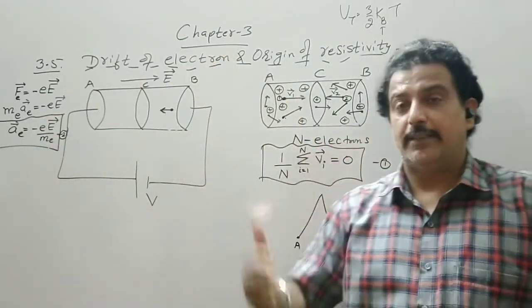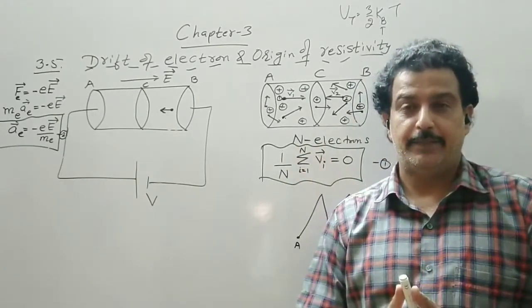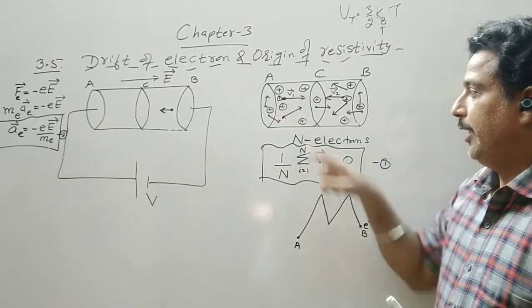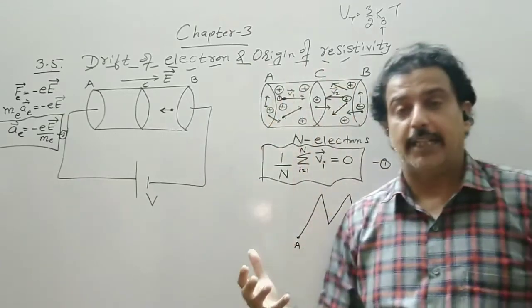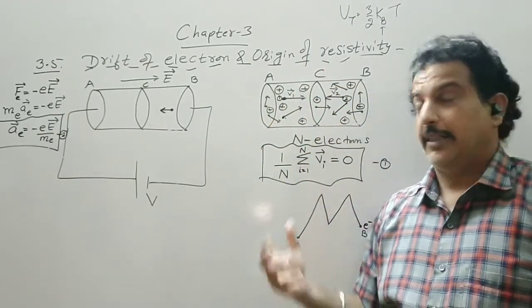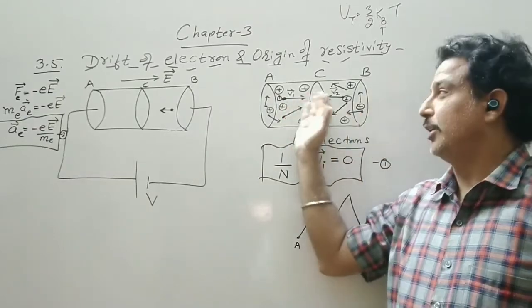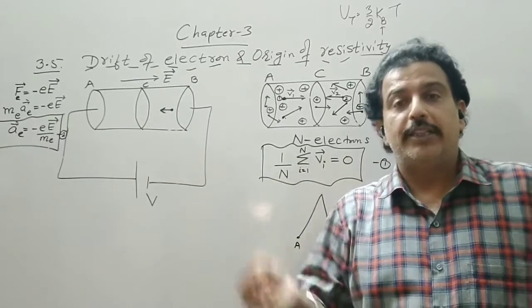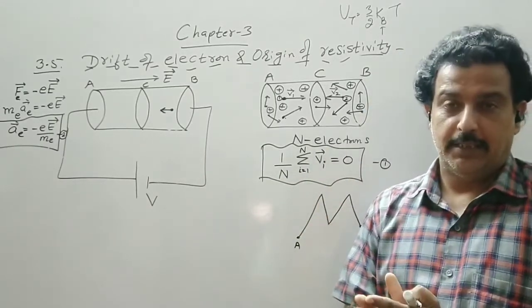Now as soon as it starts accelerating, its speed is increasing. So its speed was, say, 10 meter per second. The direction was opposite. Now this electron has no option, it has to move towards A. Now it is accelerating, so its speed will be more than 10 meter per second.